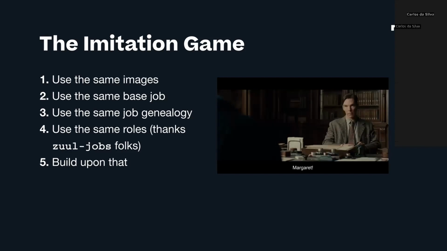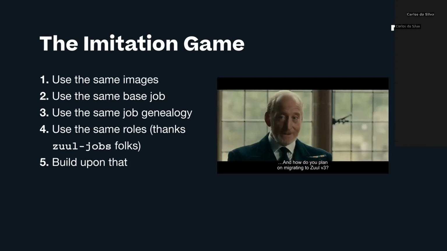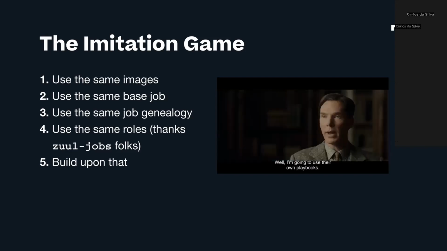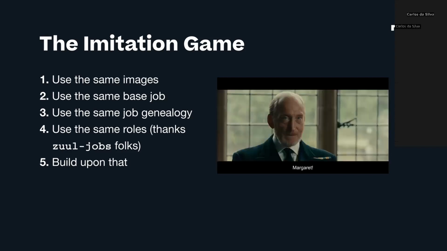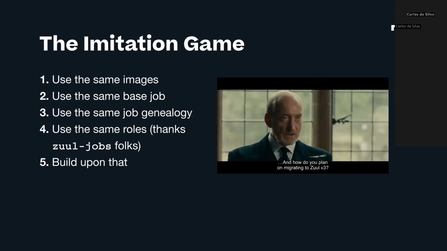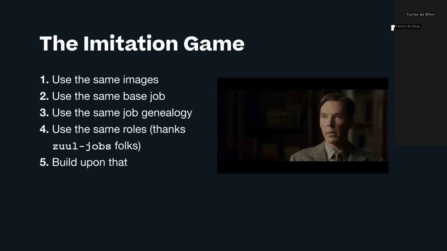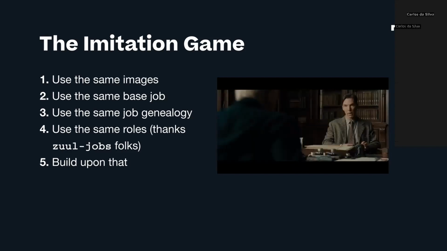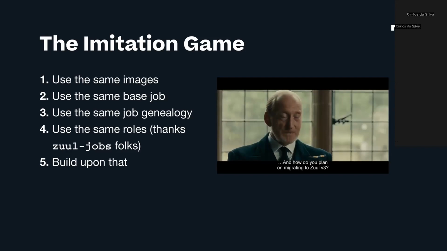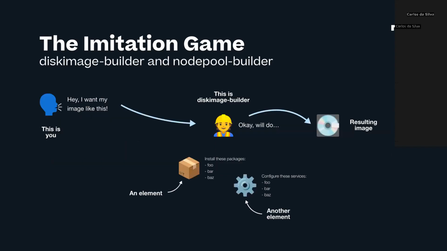And our jobs, which are NetApp related jobs, will be just the head of the spear, at the end of the spear, and we're going to build upon all of these jobs that OpenDev already developed.